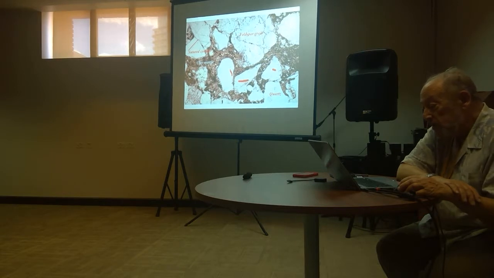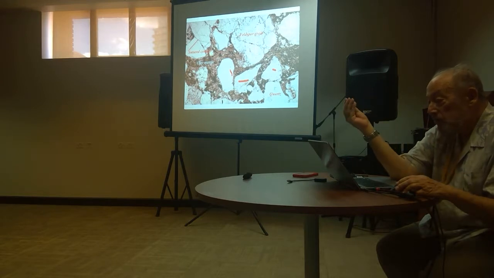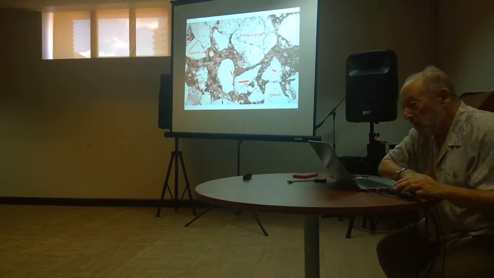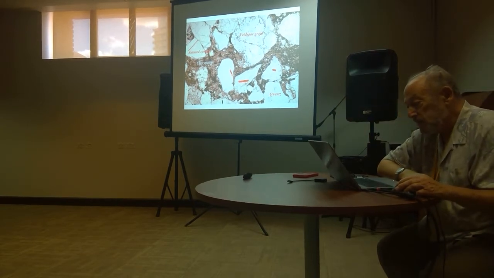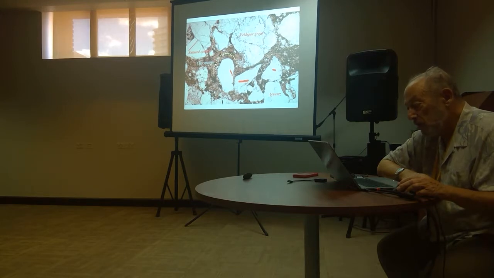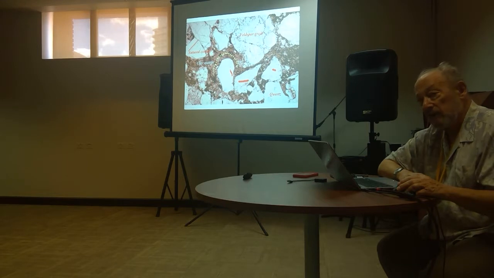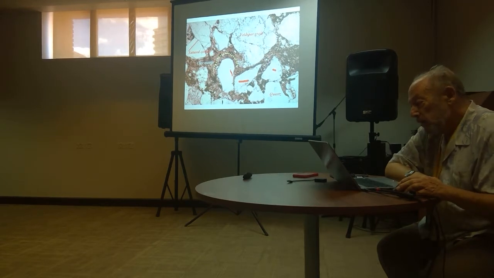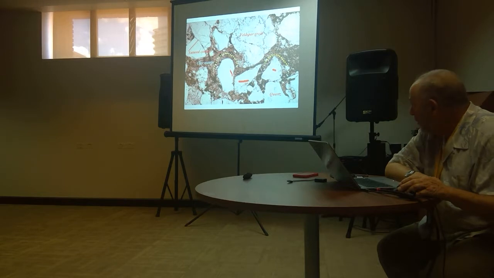Now if you look really closely, you see the effect of compaction, where the clay matrix, which is very ductile, will wrap around the quartz grains. And so that's a form of compaction that you can see when you look with the petrographic microscope. There's another one here, one over here. You can see the same thing.